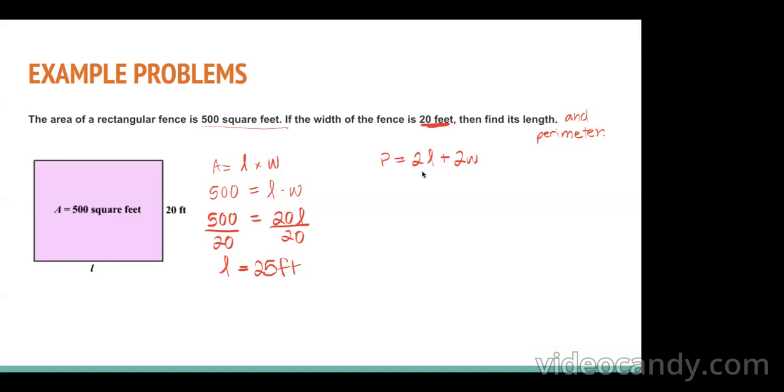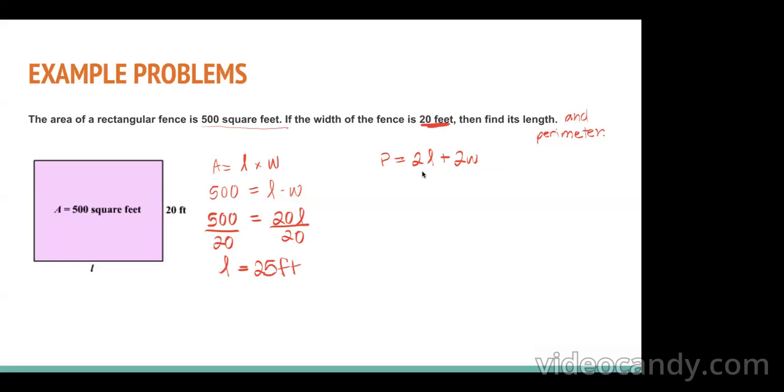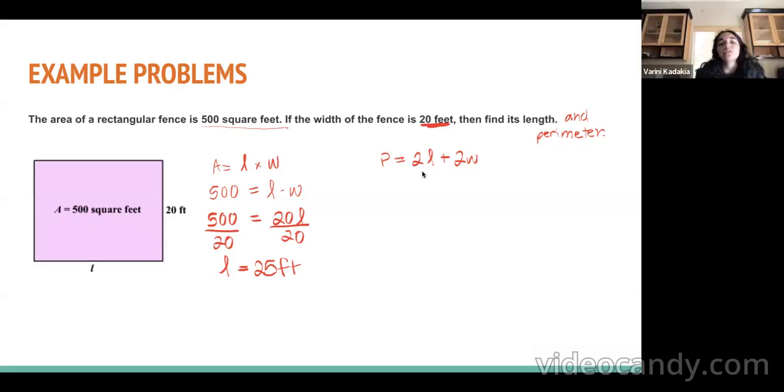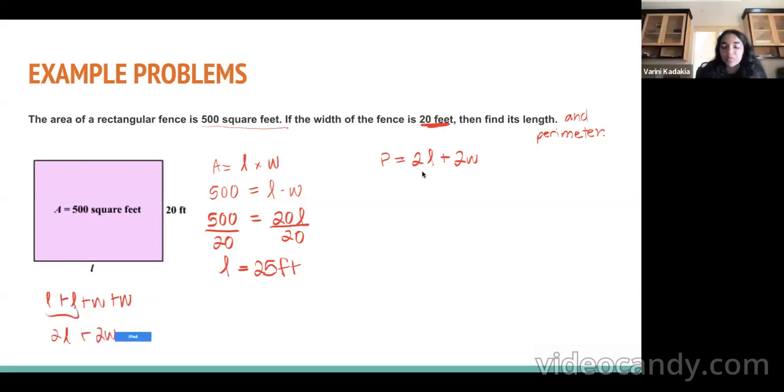The other name for perimeter is the sum of all sides. So this represents the sum of all sides, and this is just 2L plus 2 width.